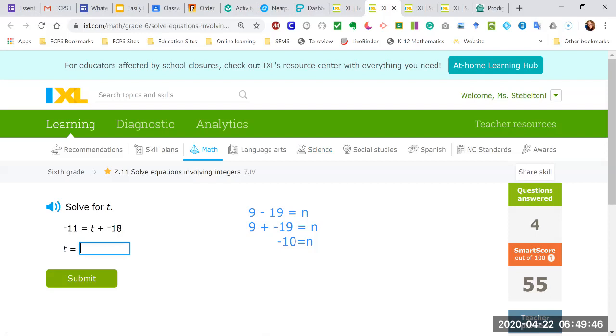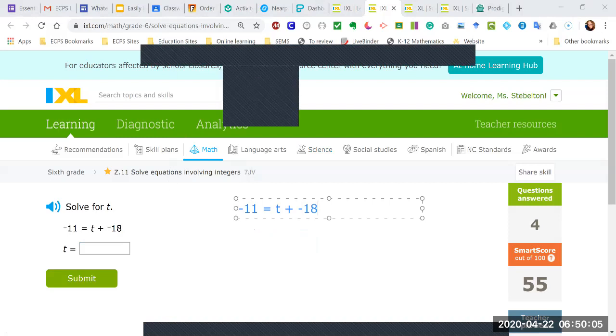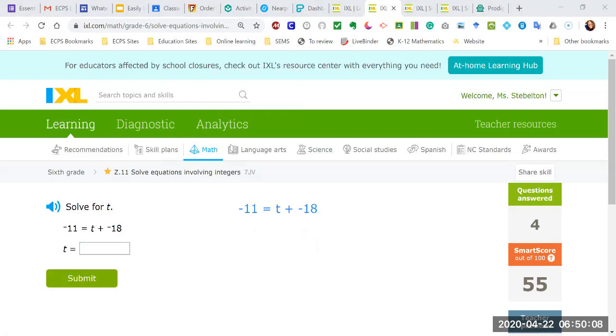For this problem, we have to do a little more work because that variable is not alone. So -11 equals t plus -18. To solve any of these problems, you have to get that variable by itself. The equal sign is our barrier, and t and the -18 are on the same side, so we have to move things around. We're going to do it slightly differently because that is a negative number.